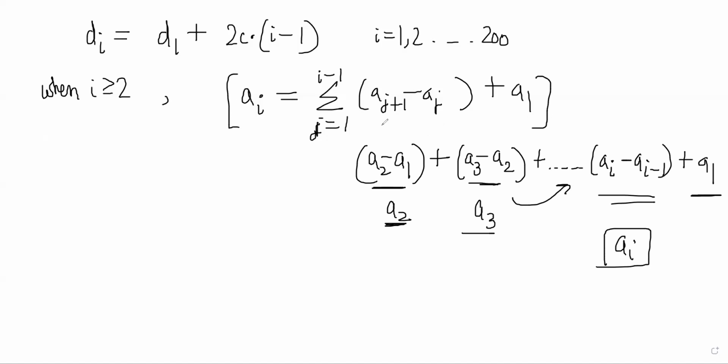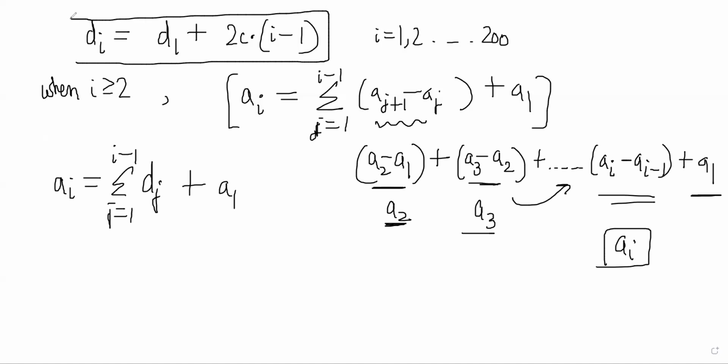So this is just a fancy way of writing ai, right? But the benefit of this is that this is a dj. You are saying ai is equal to the sum of j going from 1 to i minus 1 of dj, plus a1. That is good because we know the general expression for di, because the di's are from an AP. So this is equal to a1 plus the summation over j from 1 to i minus 1, and dj can be written as d1 plus 2c times (j minus 1).